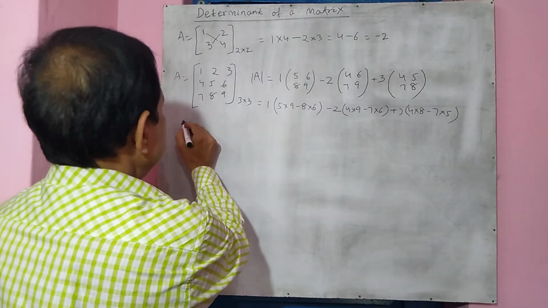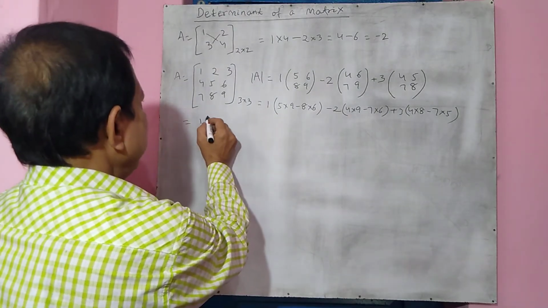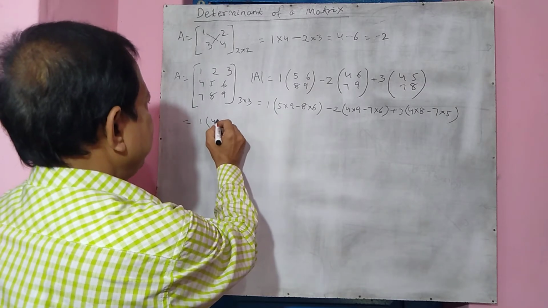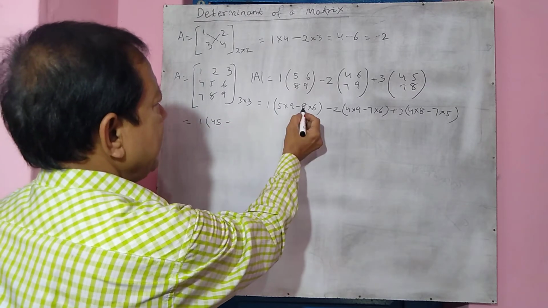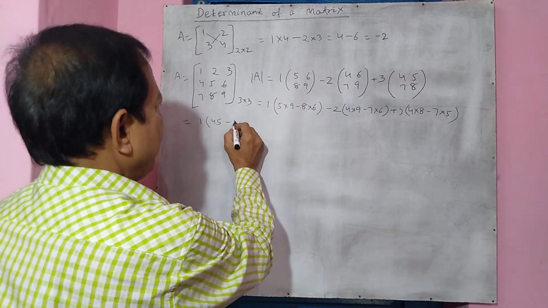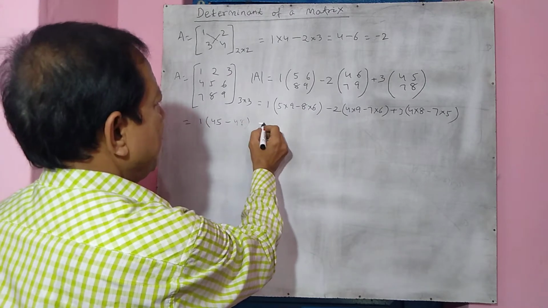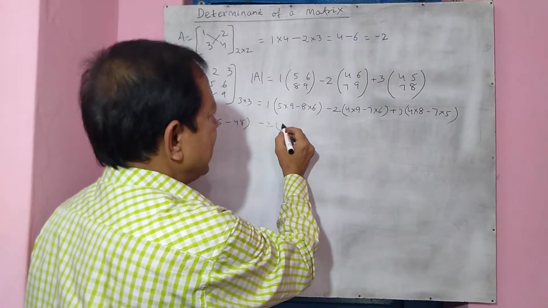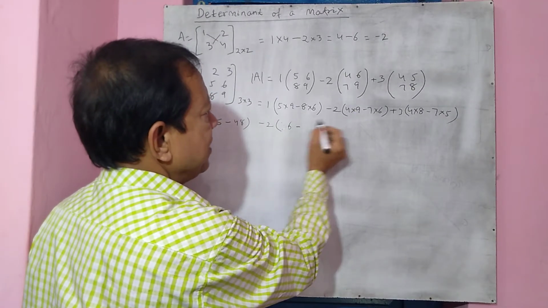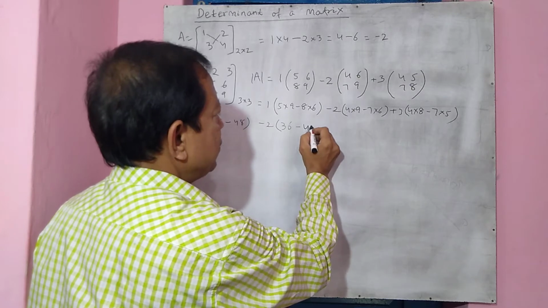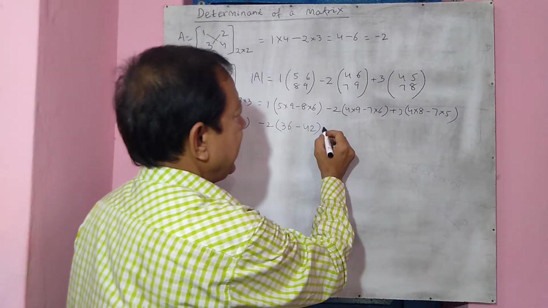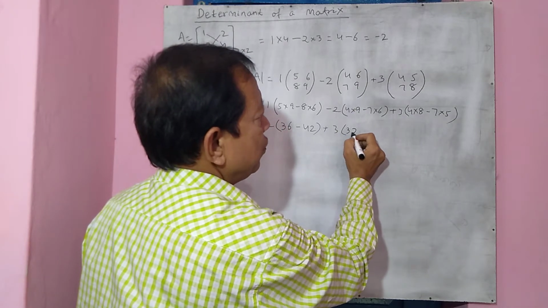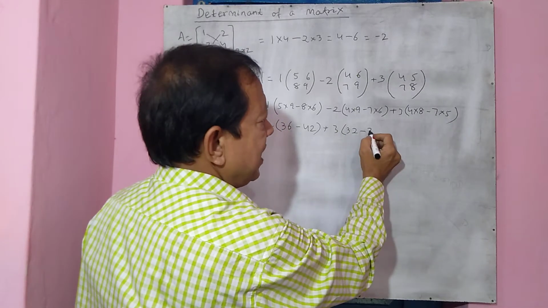Then next, 1 into 9 5s are 45 minus 8 6s are 48, minus 2 into 9 4s are 36 minus 7 6s are 42, again plus 3 into 8 4s are 32 minus 7 5s are 35.